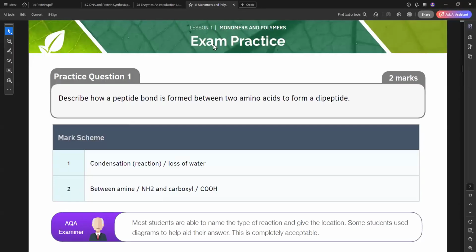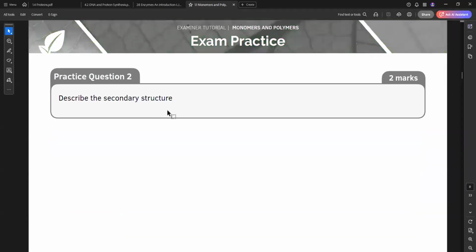Okay. Excellent. Fine. So again, for your bond formation, you must include the location. Okay. So you want to think about what reaction type, where. Next question.